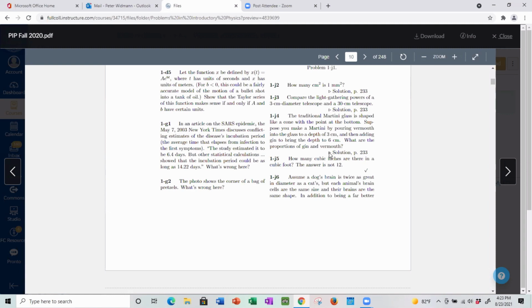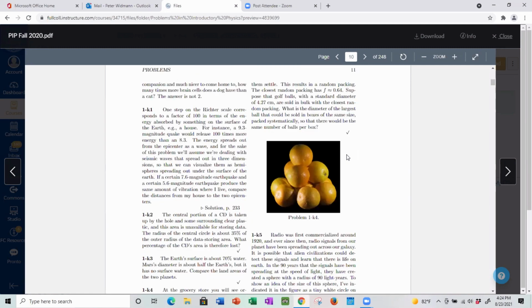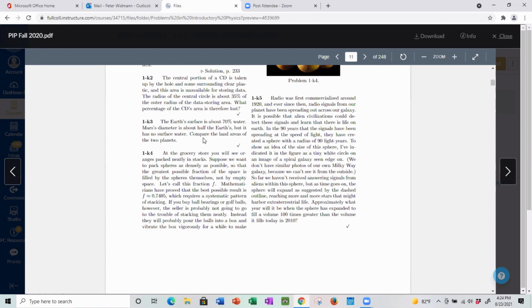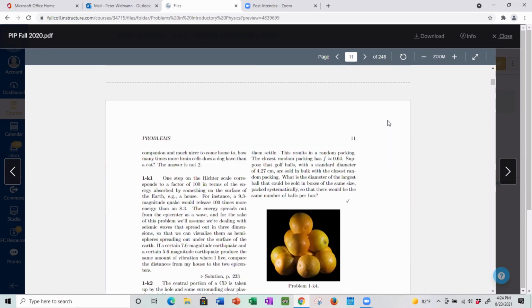Oh, they actually give you the solution. Okay, doesn't matter. And similarly for K3, there's K3 right there. Okay, does everyone understand?